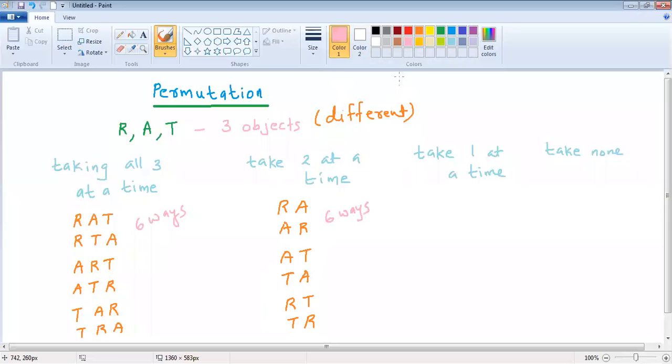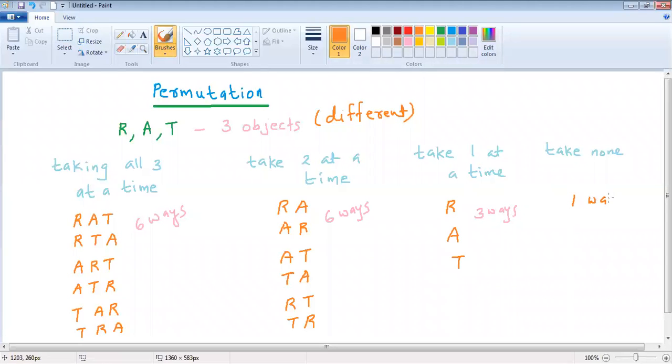So if you take one at a time, say I took R, only R, or you can take A, you're taking only one at a time, so A is A itself, or you are taking T itself. So how many ways are there? 3 ways. So if you are taking none, that means how many ways?